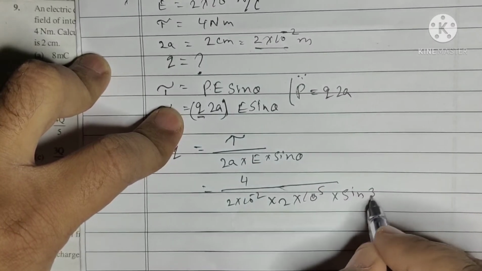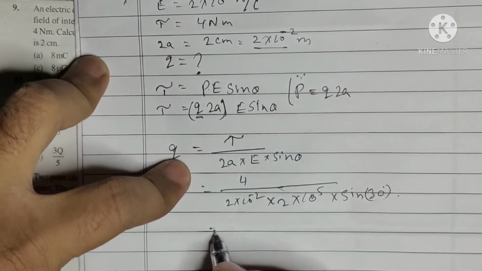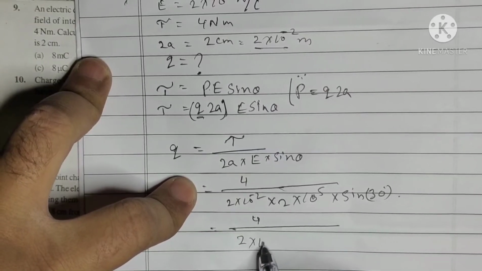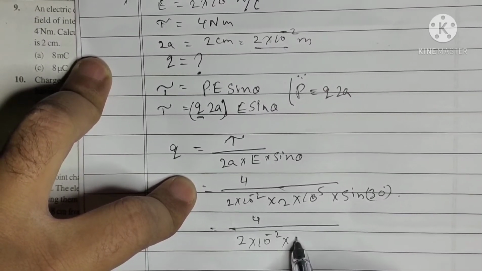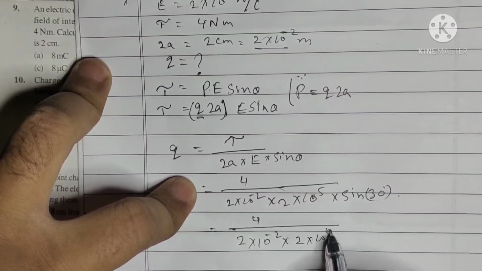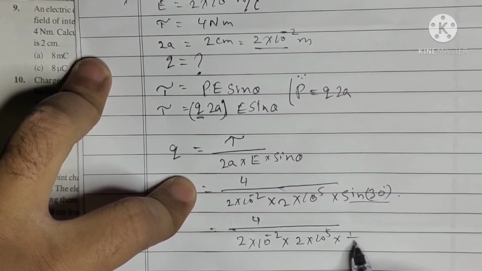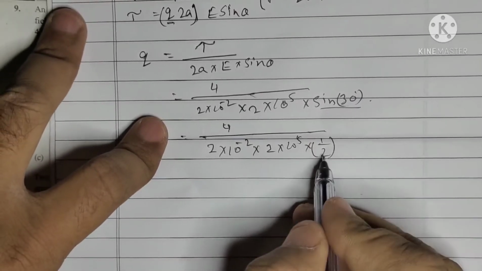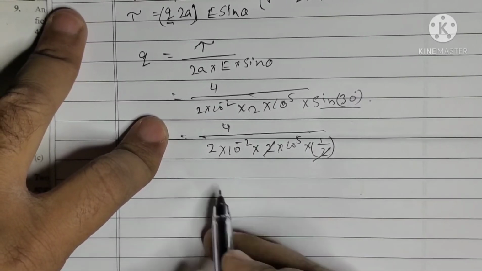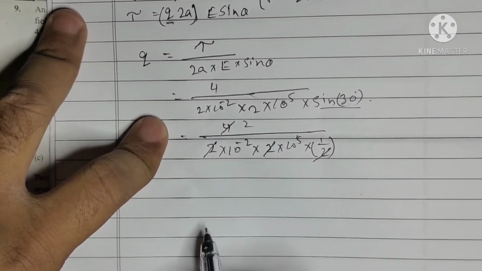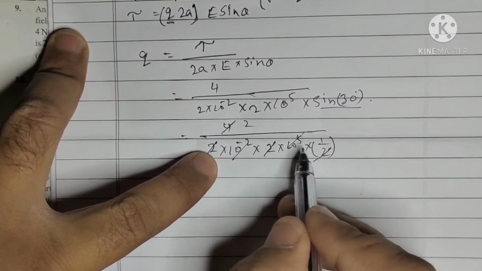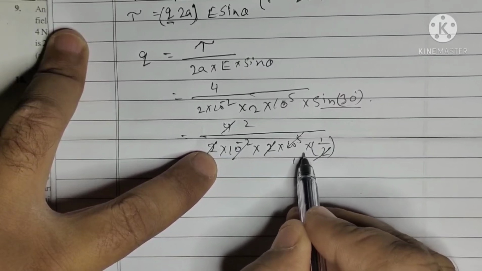Sin 30 we can write as 1 by 2. So 4 divided by 2 into 10 power of minus 2, 2 into 10 power of 5 into 1 by 2. The 2s get cancelled, and with 10 power minus 2 and 10 power plus 5, we are left with 10 power of plus 3.